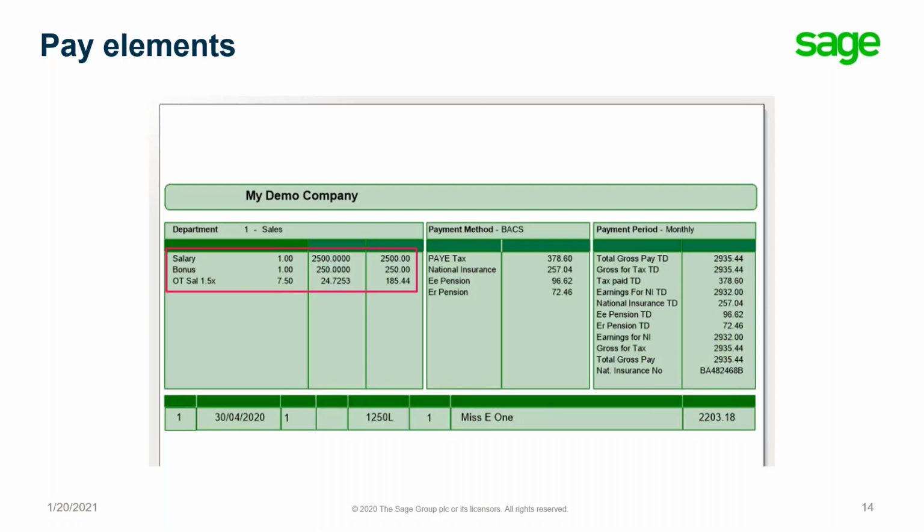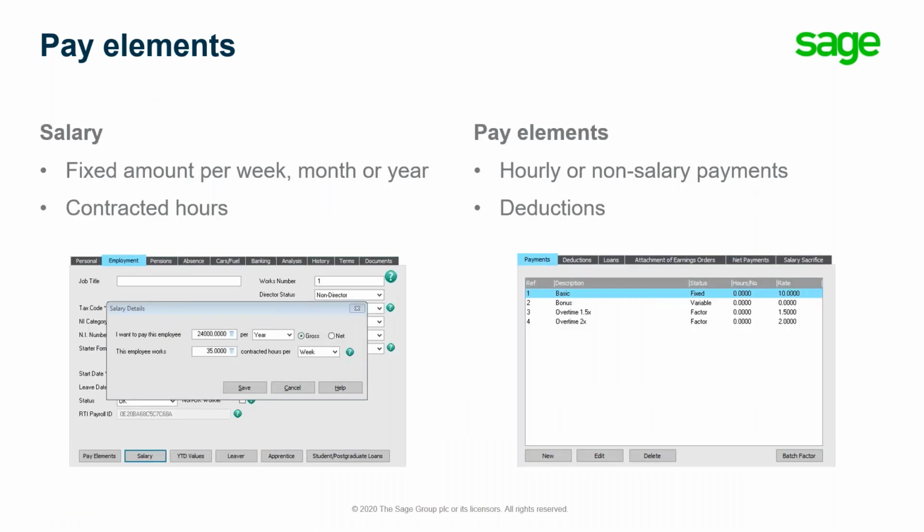Now, there are also statutory deductions, things like tax and national insurance, as well as pension deductions, which are kind of separate to pay elements because they are calculated and deducted for you. But we're going to concentrate mainly on those pay elements that are used to pay your staff. So the things such as salary, bonus, and overtime.